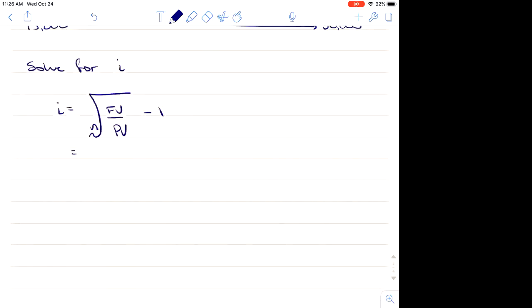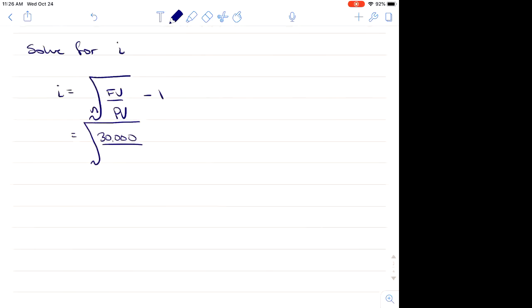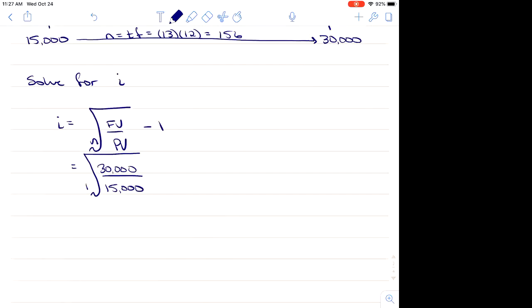Our future value is 30,000, and our present value is 15,000. We want to take the nth root, so the 156th root, and then all minus 1. That's going to make a big difference. You have to subtract the 1. Don't forget about it.